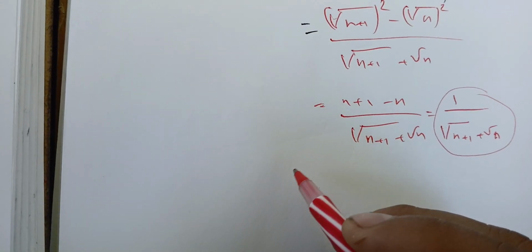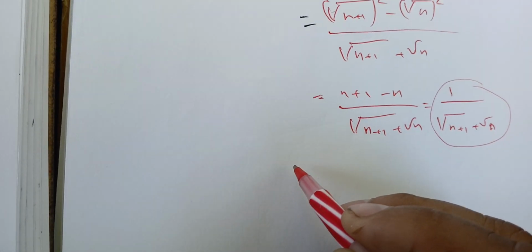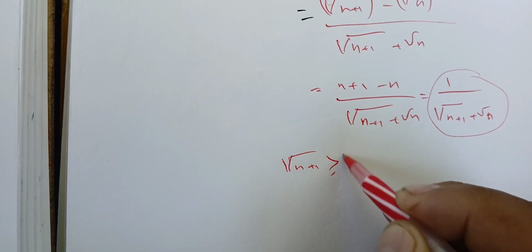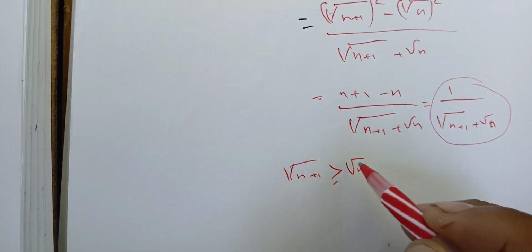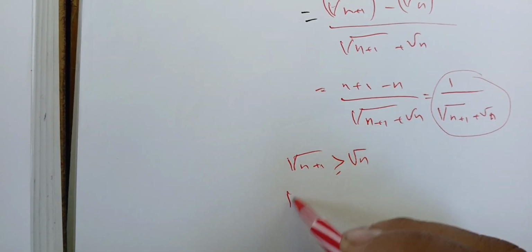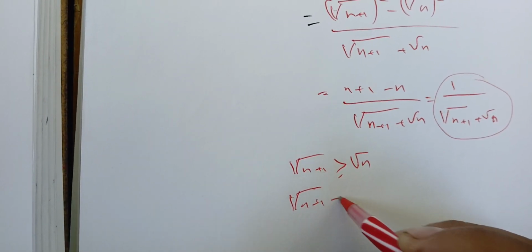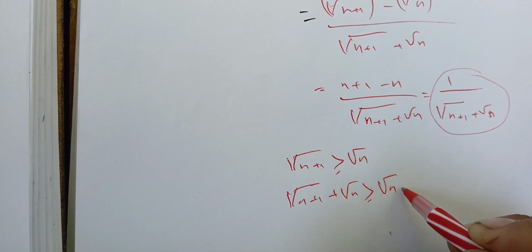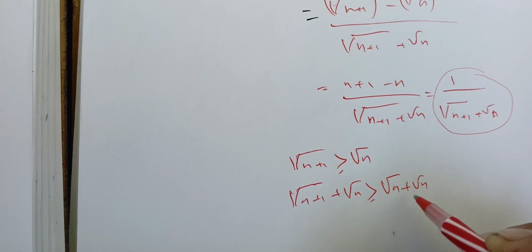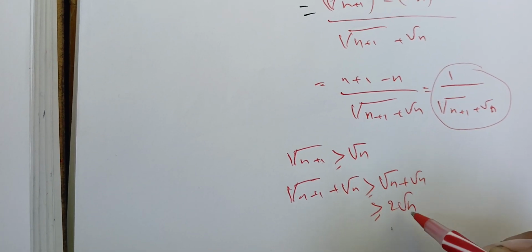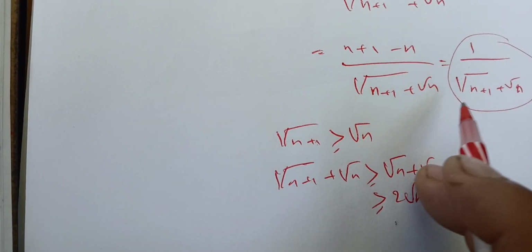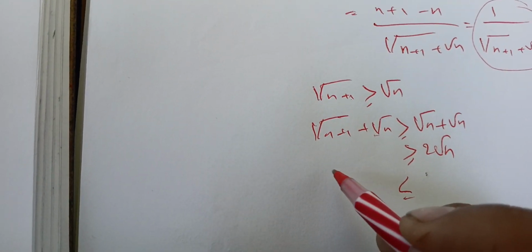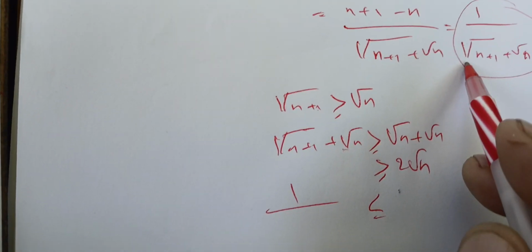So we know that the square root of n plus 1 is bigger than the square root of n. When we add the square root of n to both sides, we're going to have the square root of n plus 1 plus the square root of n bigger than the square root of n plus the square root of n, which is 2 square root of n. When we invert, this one is going to be less, and that's what we need here.